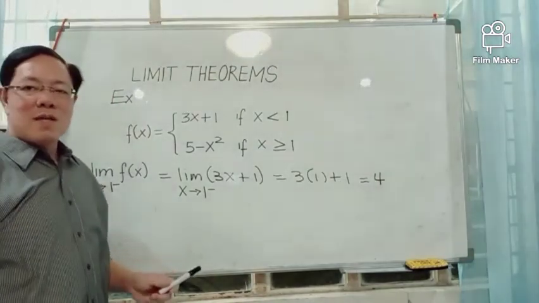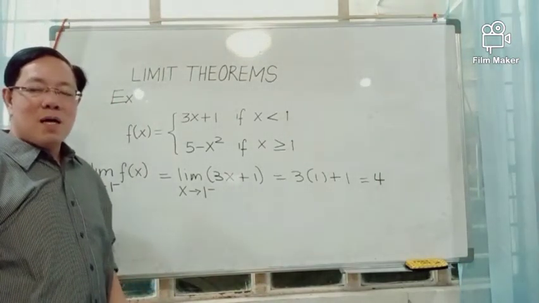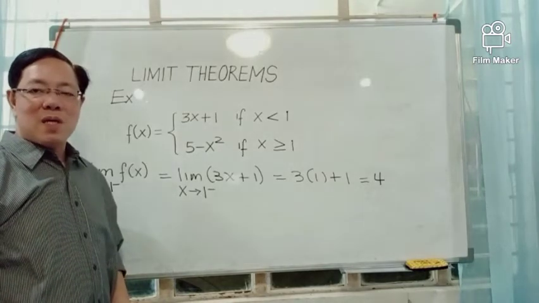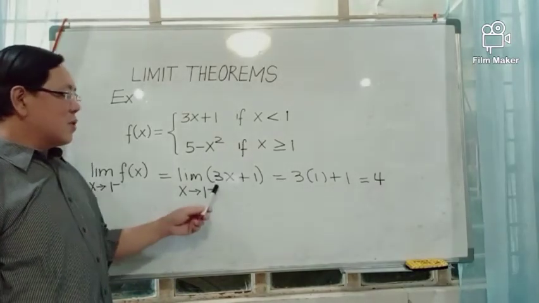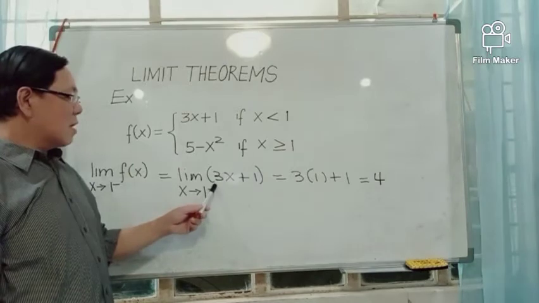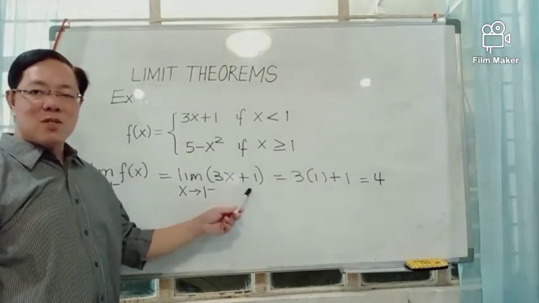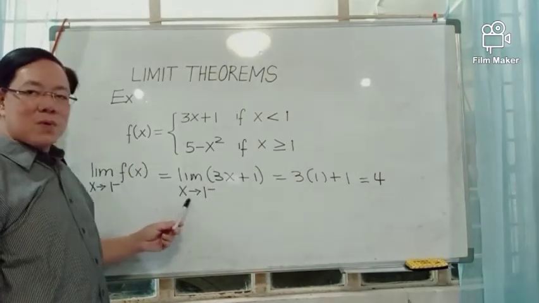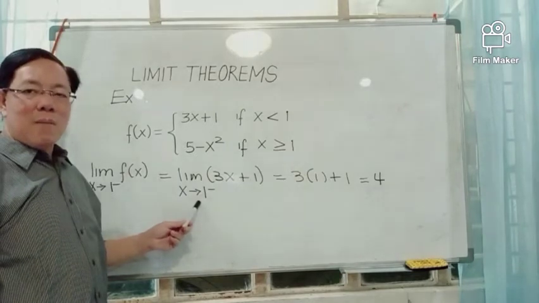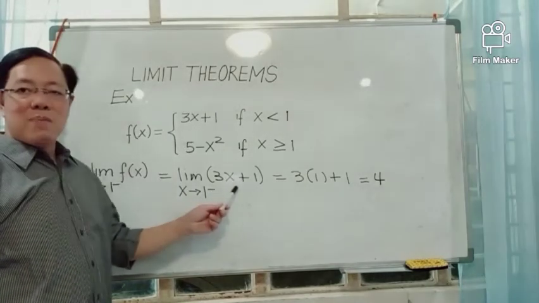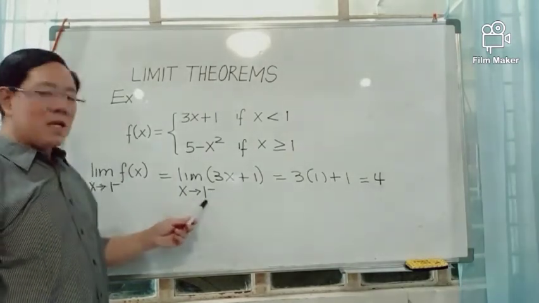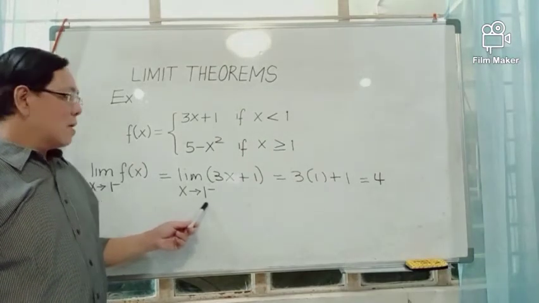Later on, we will state the theorem about evaluating a polynomial function. Again, when you are getting the limit of a polynomial function as x approaches a specific number, simply evaluate the polynomial function at that specific number.